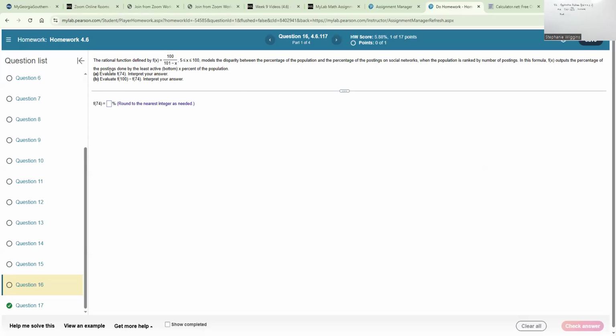Now in this problem, it says evaluate f of 74. I did this problem earlier and I used 98, so I'm just going to use 98 so that I don't have to rework the problem with a different number. So let's take a look.